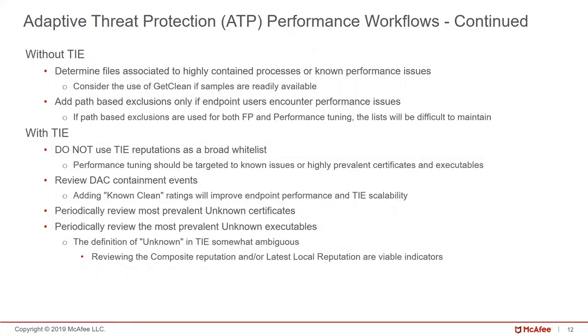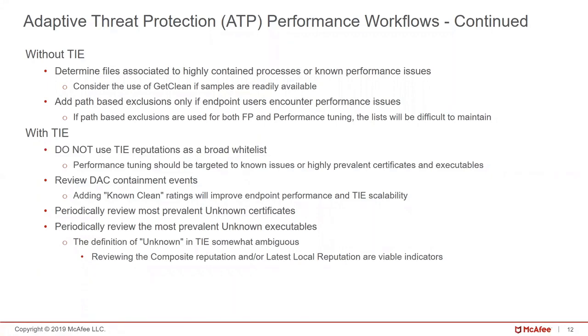Again, there's a lot of different optional components. The entire ecosystem is called EDR, and that would be ENS with ATP, the DXL framework, TIE, ATD, and then the MAR client. These are all optional components.